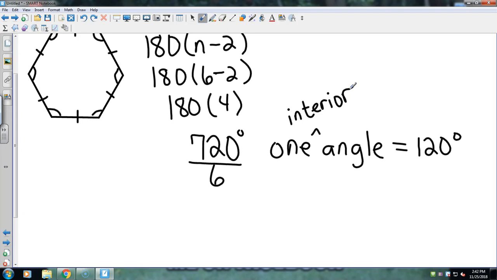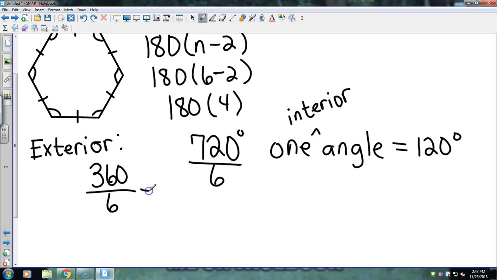Now, to find an exterior angle, all I do is take the total, which is always going to be 360, and divide that by 6. And so each exterior angle is going to be 60 degrees. Now, notice something that should make sense.